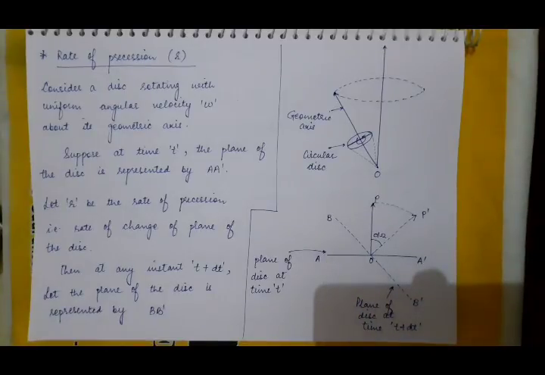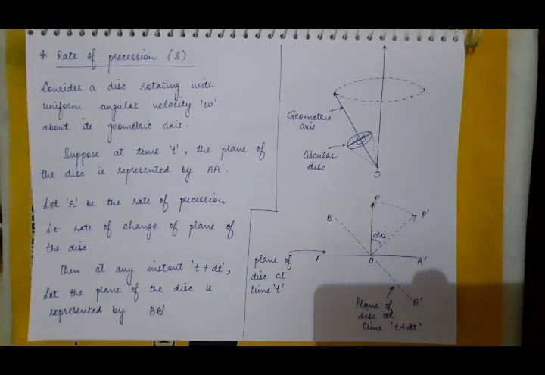But because of the precessional motion of the axis of rotation or geometric axis of the circular disc, the plane of the disc has moved from A A dash to B B dash at time t plus dt. So the direction of the angular momentum vector will also change because the direction of the axis has changed.